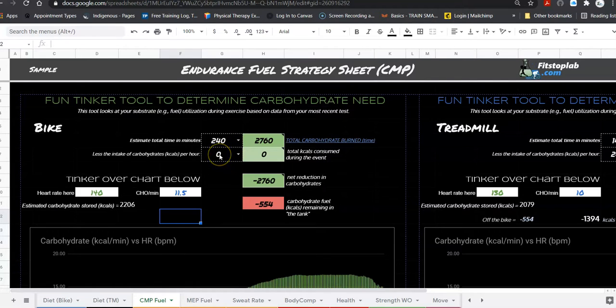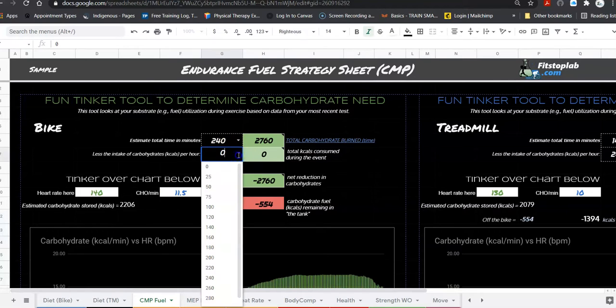I'm not taking any carbohydrates in, and I'm running into problems at the end of the 4 hours because here the carbohydrate fuel is negative. So we're predicting how many stored carbohydrate calories we have in glycogen is 2206. And now we have a negative 554 based off of this scenario for right around 140 beats a minute.